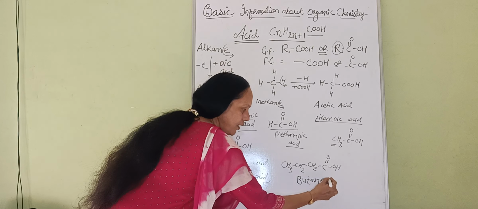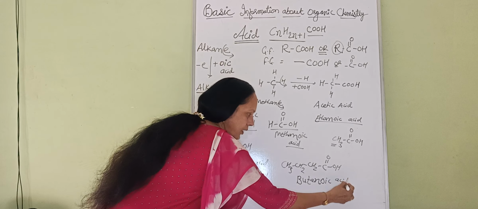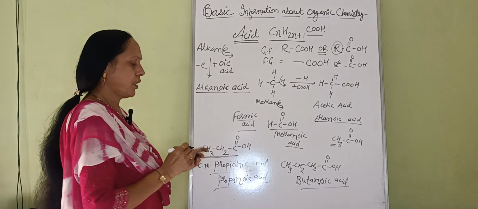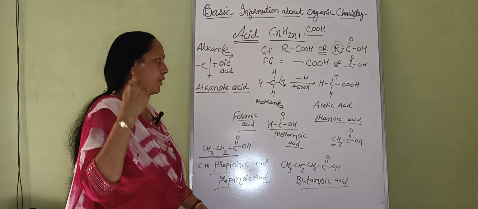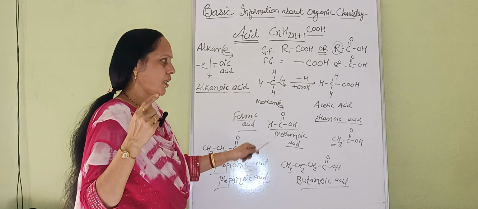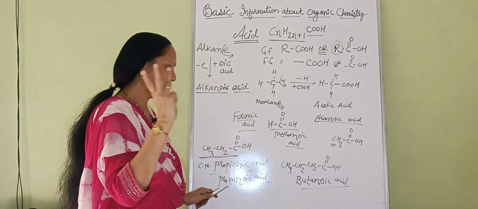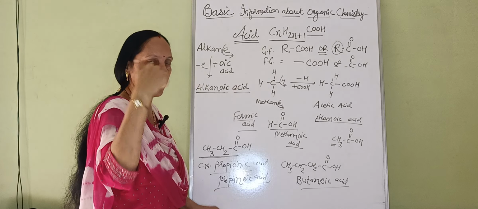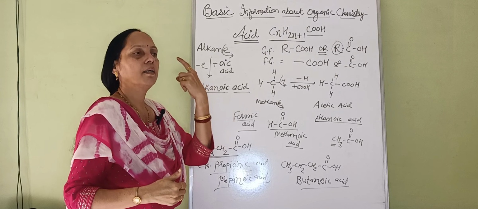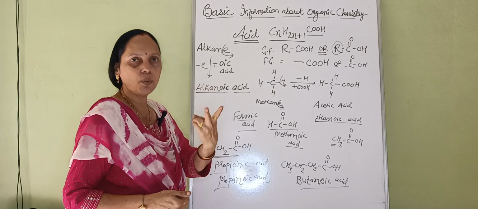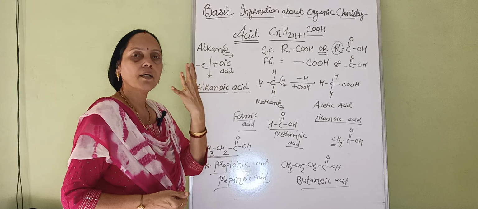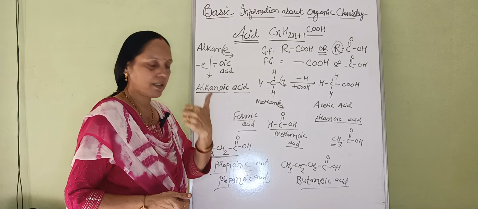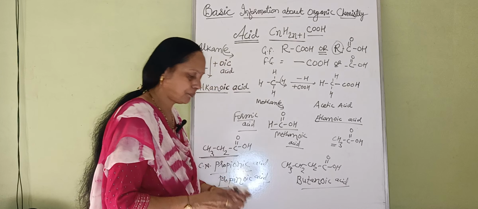Instead of E, I will write butanoic acid. In this way, we can get methanoic acid, ethanoic acid, propanoic acid, butanoic acid, pentanoic acid, hexanoic acid, heptanoic acid, octanoic acid, then nonanoic acid, decanoic acid, and so on.